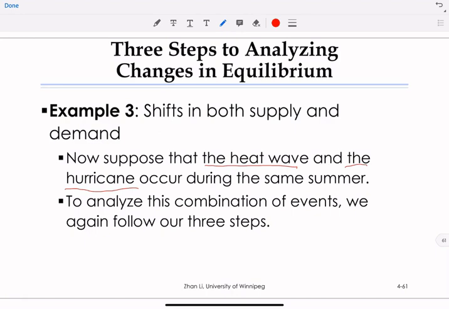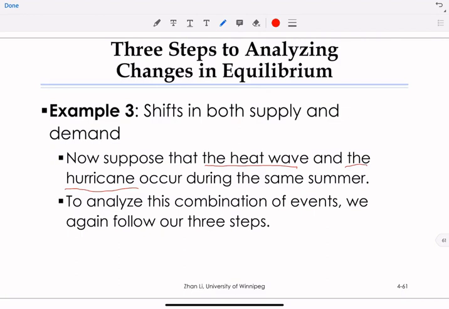Now, first step, we want to think about whether demand curve and the supply curve will change. And according to example 1 and 2, we can see that in this case, both supply curve and demand curve will change.